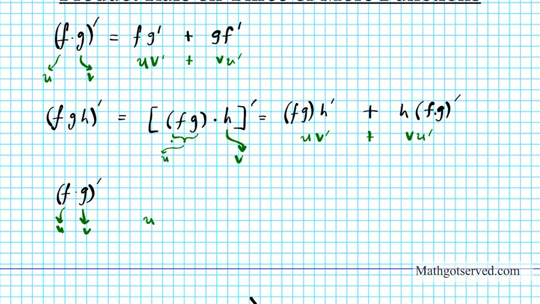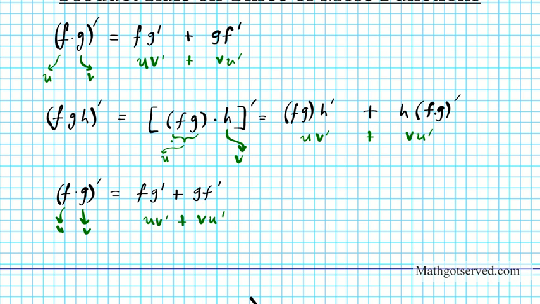It's going to be u v prime plus v u prime, right? So the derivative of f g prime in this case is going to be f g prime plus g f prime. All right.